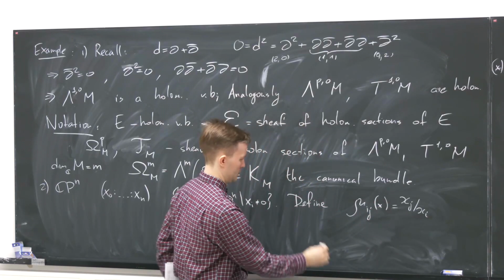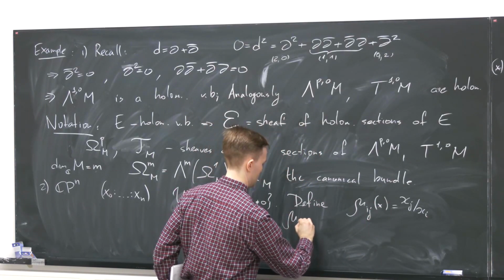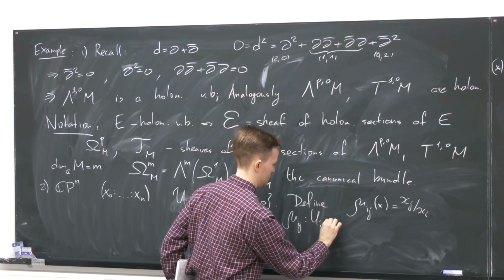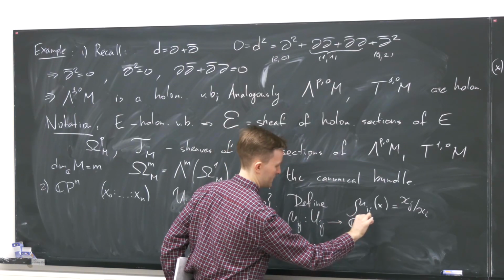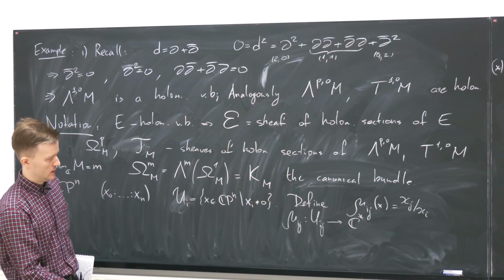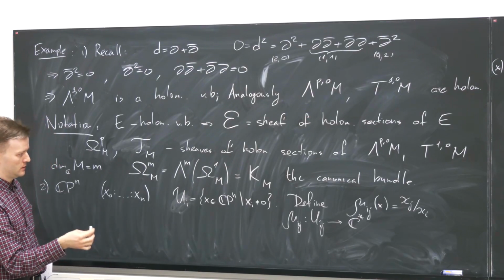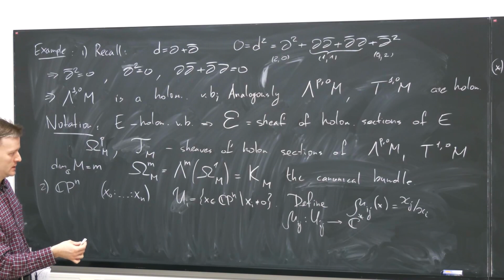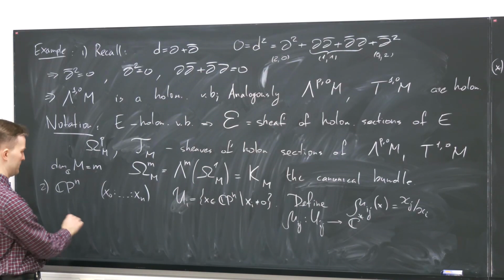So this is a function from U_ij into C star, a holomorphic function obviously, and the corresponding bundle, or rather the sheaf of its holomorphic sections, is denoted by O(1).